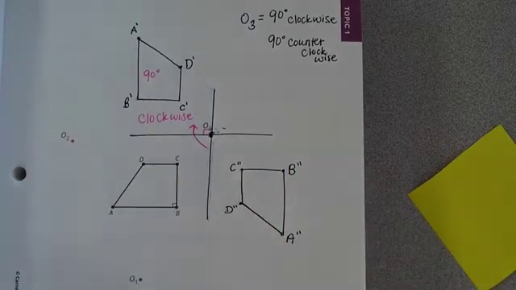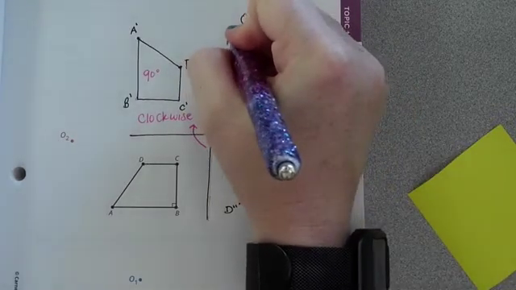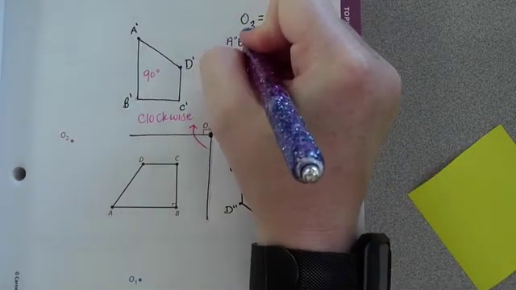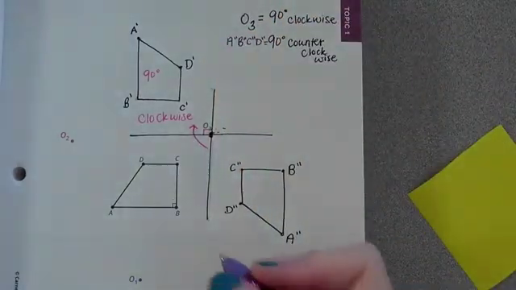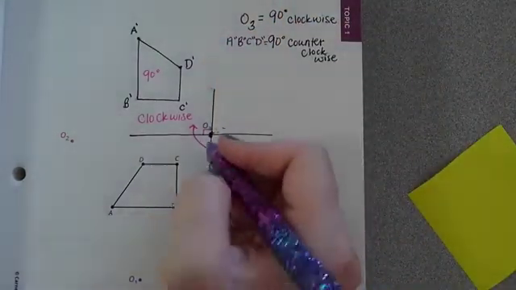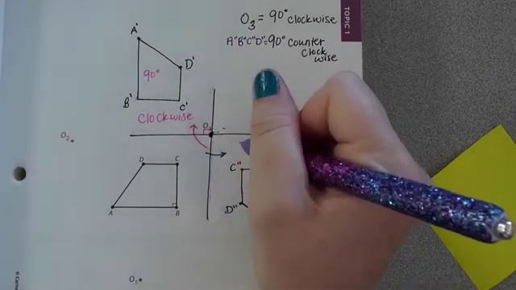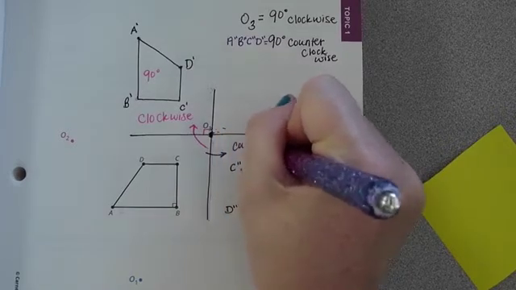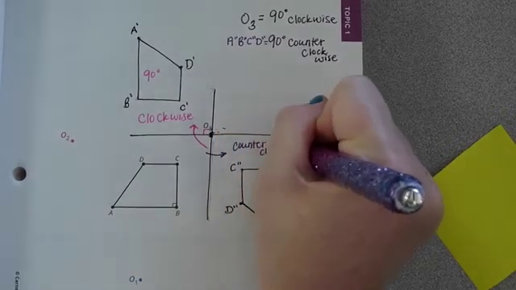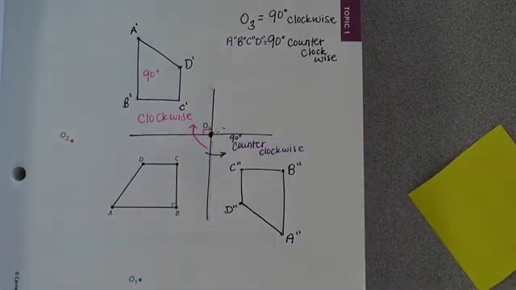Okay, so that's our A double prime, B double prime, C double prime, and D double prime. So this one, when we go this direction, it is counterclockwise. So that's 90 degrees counterclockwise.